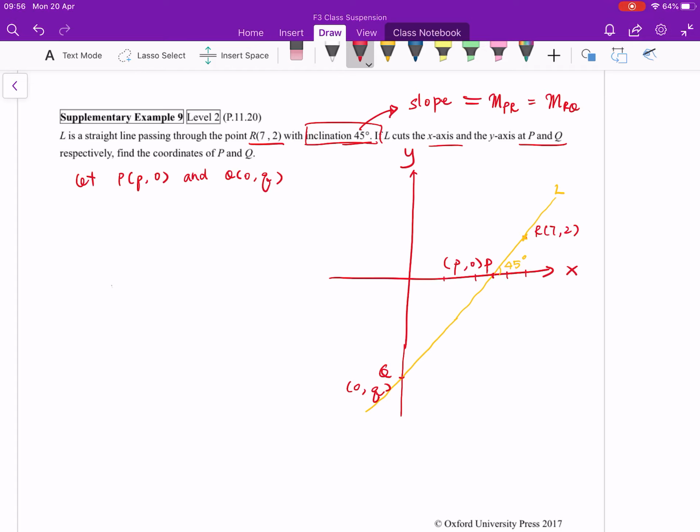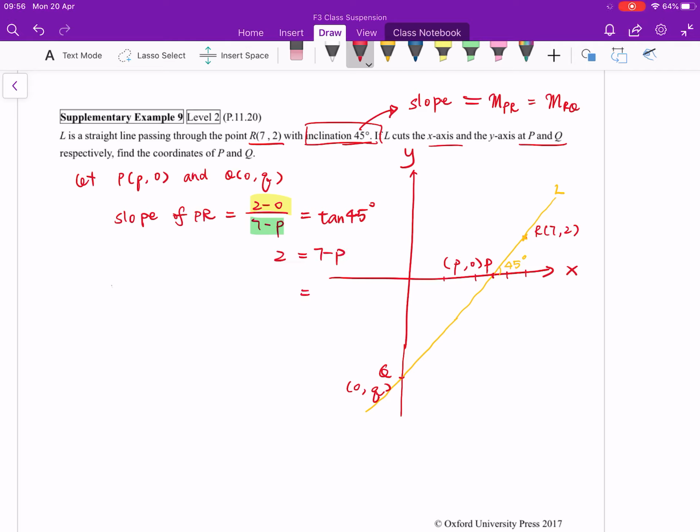Slope of PR can be calculated by 2 minus 0 over 7 minus little p. Remember, y difference over x difference, okay, equals to the slope, which is tangent of inclination here, means 1. So 7 minus p, tangent 45 is 1.